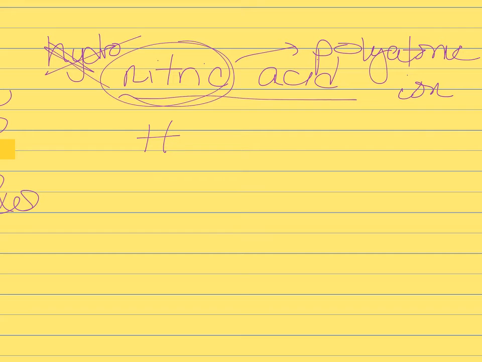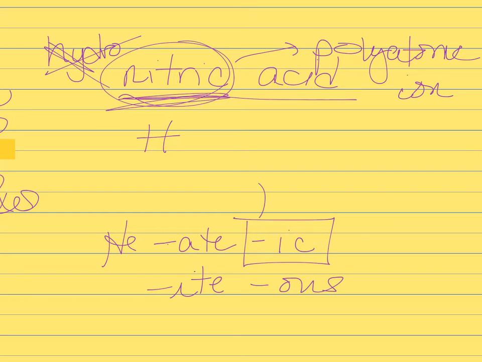So you have to remember that little ditty of "he ate ick and got stomach ite us." Okay? So if you have an acid name that ends in -ic, that means the polyatomic it comes from ends in -ate. So the polyatomic we're interested in is nitrate. Okay?